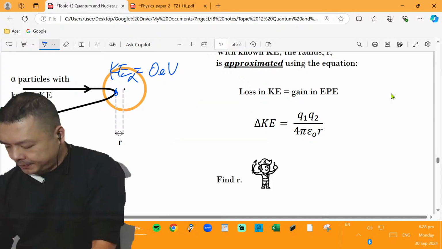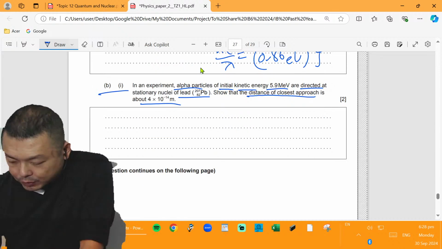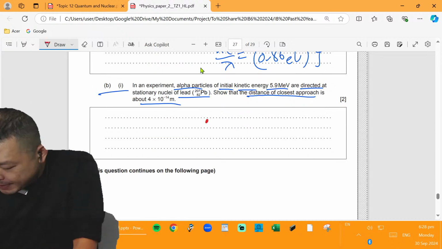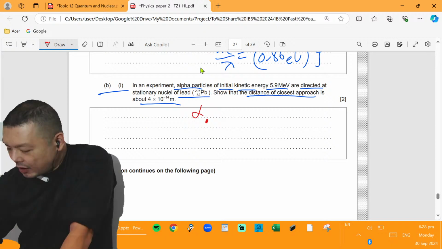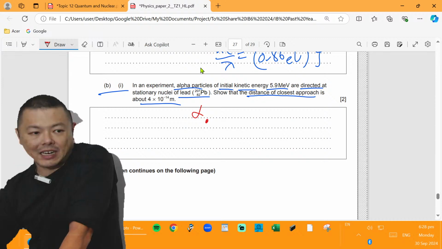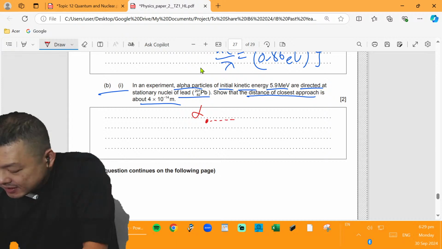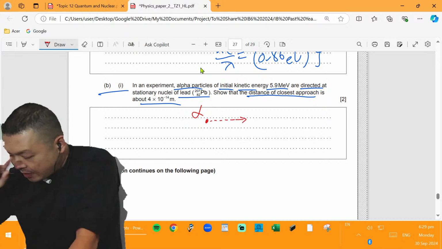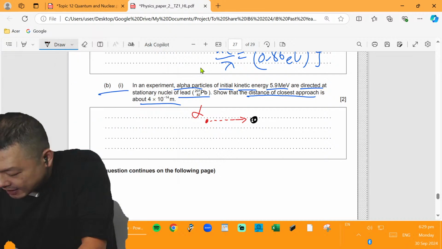To find this, you have to imagine an alpha particle. Honestly, what you're trying to do here is learn, not just get the calculations. If you want the calculations, just look at the mark scheme. So this alpha particle reaches a lead nucleus. I'm going to draw something a little bigger for the lead nucleus, because it's chunky.